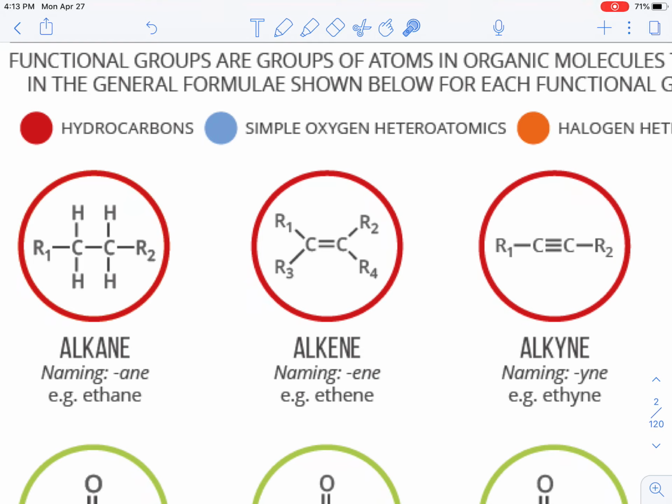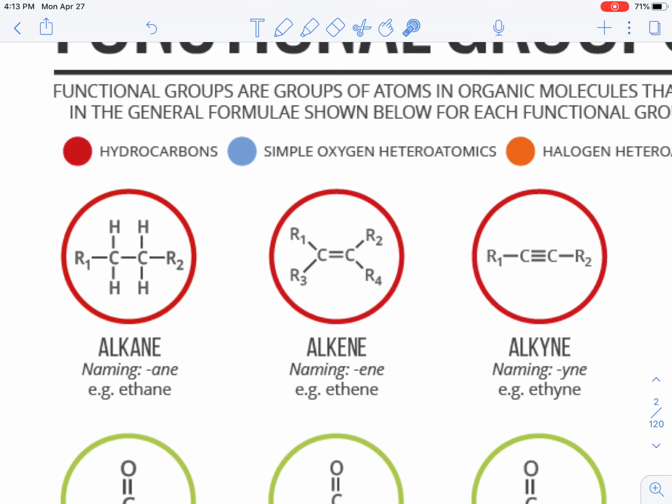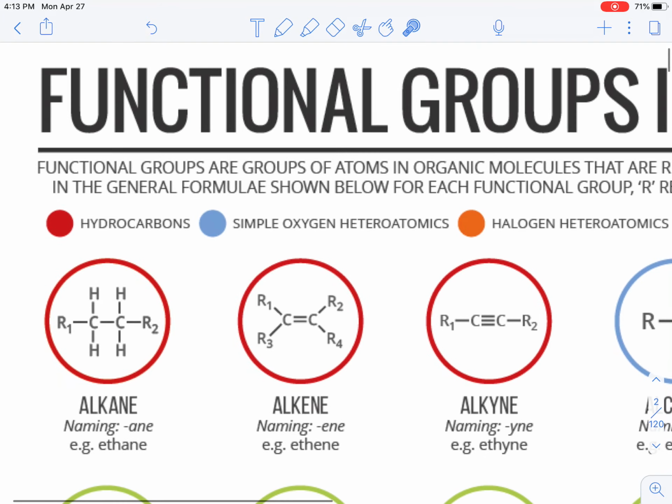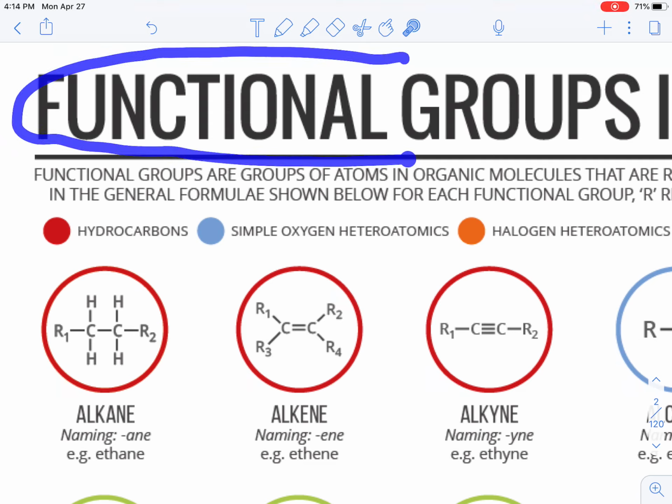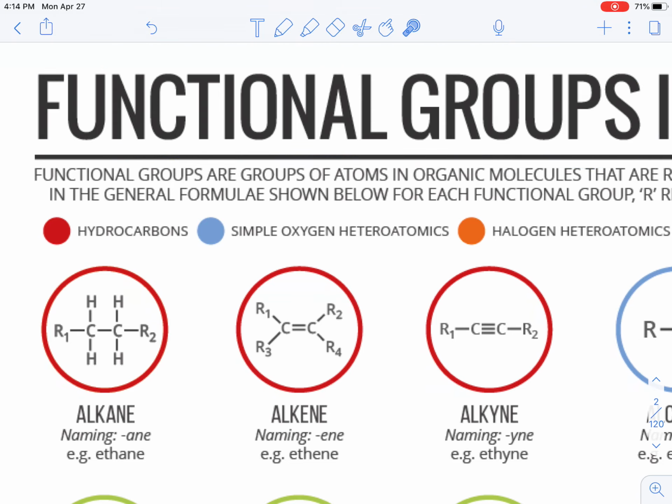And so what makes organic chemistry really fun and exciting is this idea of functional groups: the idea of working with heteroatoms, elements that are not carbons and hydrogens, and seeing what type of chemical reactions or physical properties these new substances will have.